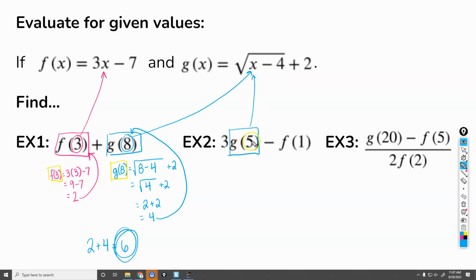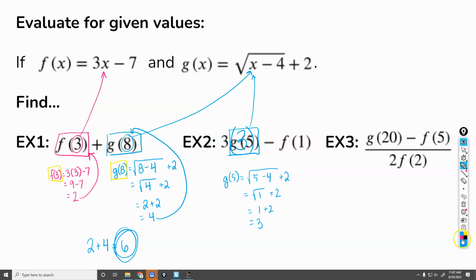So g of 5 would be the square root of 5 minus 4, plus 2. 5 minus 4 is 1. What is the square root of 1? 1 plus 2. So we get 3. So this number right here is going to be a 3. We got 3 times 3.